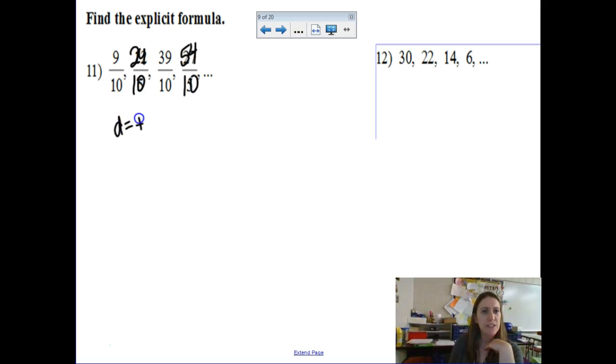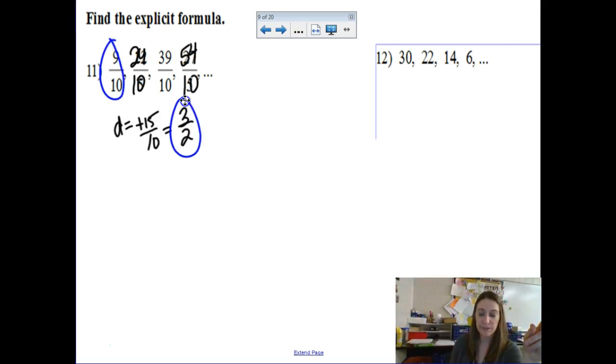So they're adding 15 tenths each time, which of course reduces to 3 over 2. Okay. So I have the first term, and I have the common difference. So the explicit formula, if you're using that first formula I gave you, would be 9 tenths plus the common difference times n minus 1.